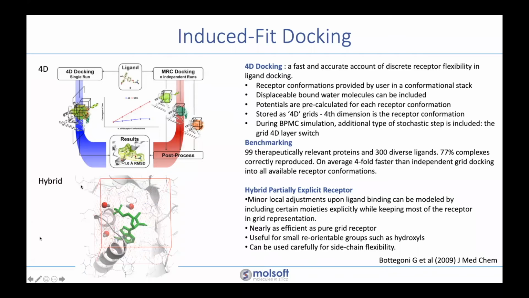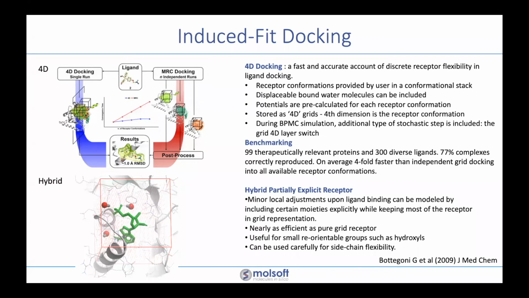The other method is called hybrid partially explicit receptor. So you could imagine an example where you have a pocket which has one or two, maybe three or four, flexible side chains that you know are going to move, or a water molecule, or hydroxyls that can be reorientated.